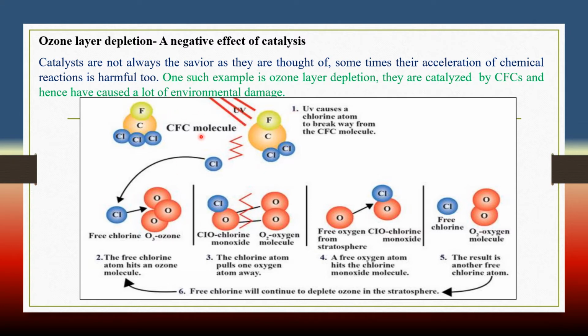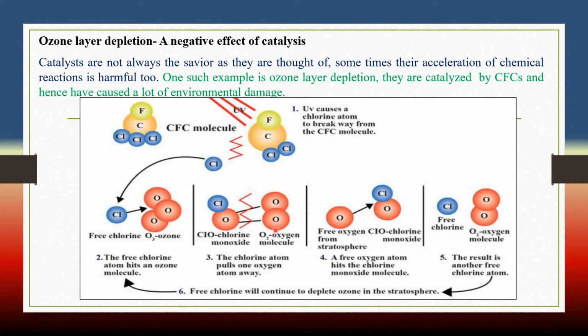From this picture, it will be more clear that chlorofluorocarbon molecules are exposed to UV or ultraviolet rays, and those ultraviolet rays cause a chlorine atom to break away from the chlorofluorocarbon molecule. Once it is split from that, the free chlorine atom hits an ozone molecule.